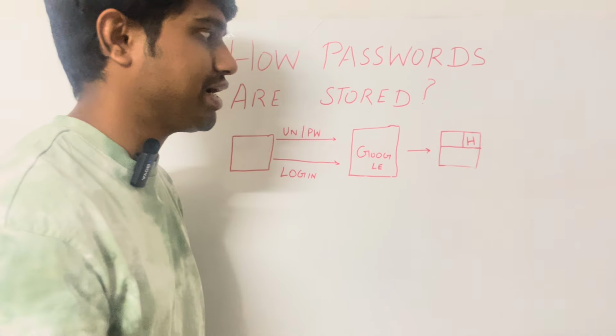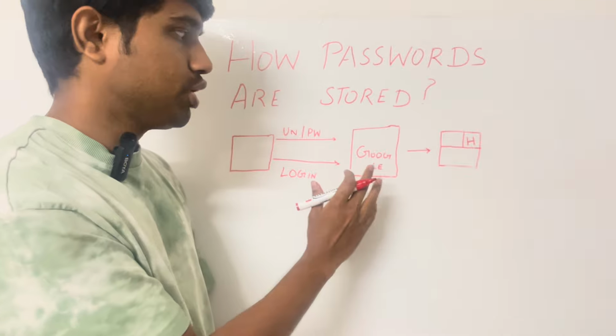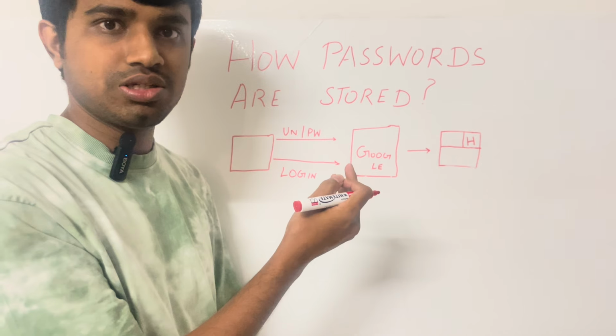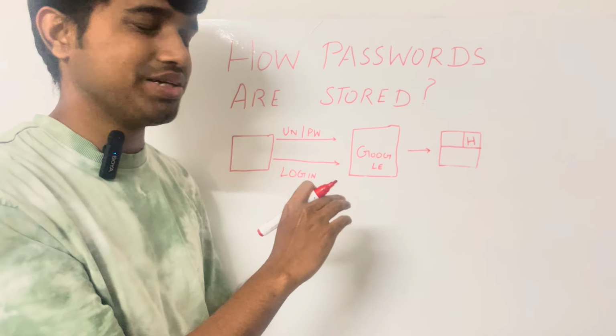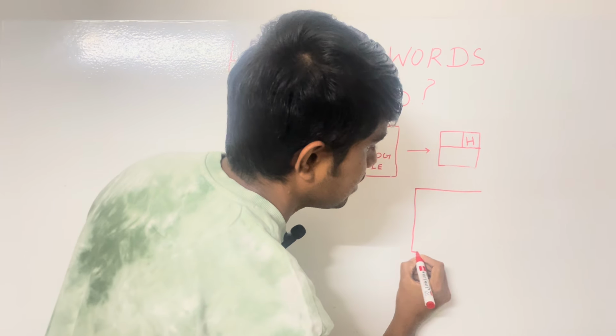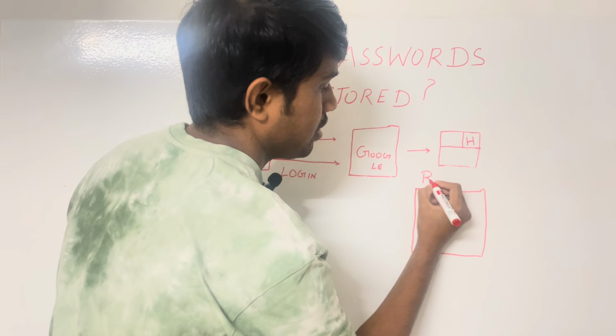If you have a basic hashing algorithm, what the hacker can do is pre-compute the password and hash combinations. They will maintain a table, called a rainbow table.